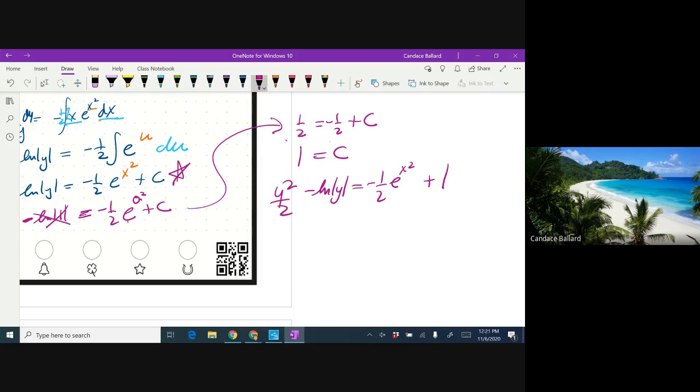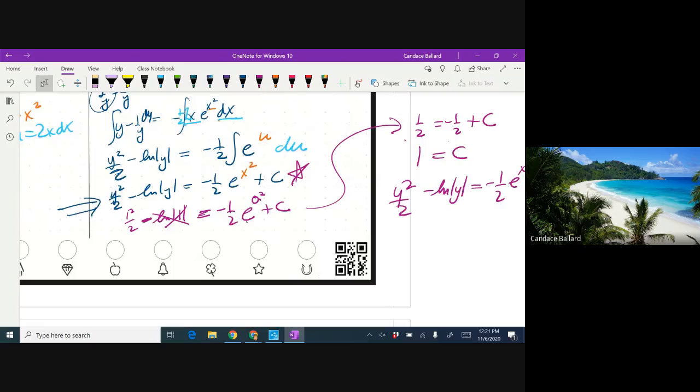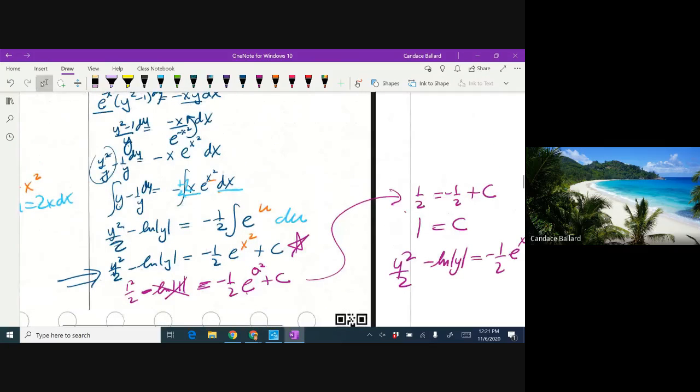Which algebra step? What color is it? Is it adding the C? Is it y squared? It's way up. So going from here to here.